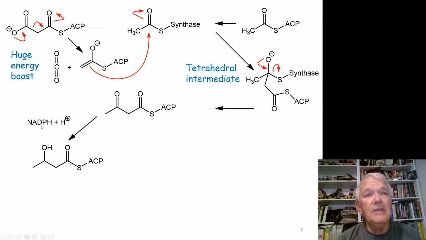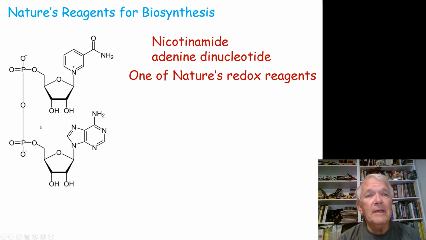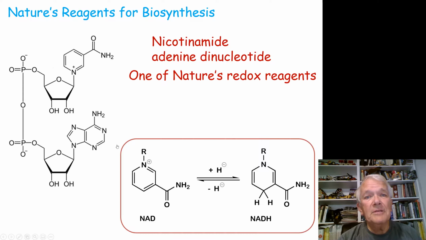And the reducing agent is NADPH. We talked about NADPH earlier, and to remind you what it is, it's this strange pyridine compound here, where this pyridinium ion can pick up a hydride and then deliver it to another system. So this pyridinium system can pick up a hydride down here at the 4 position to the nitrogen and form a compound which will very readily give up that hydride.